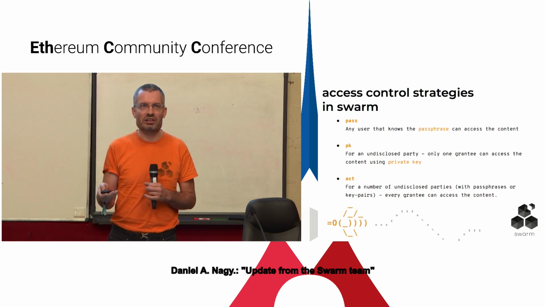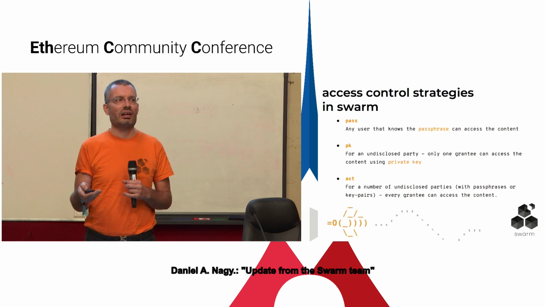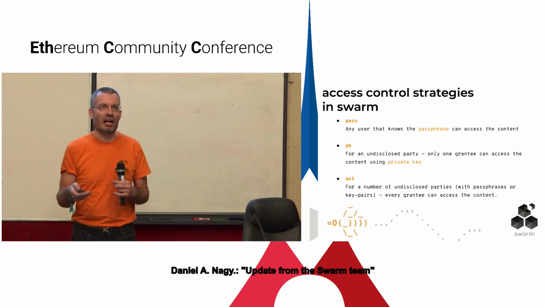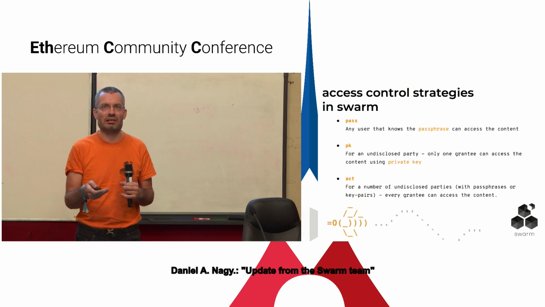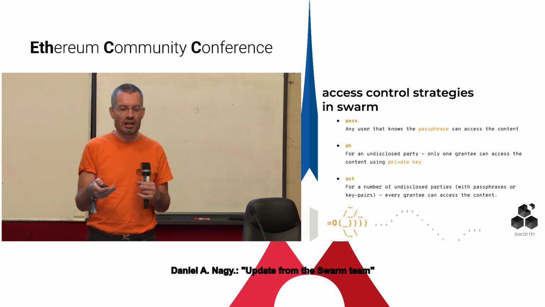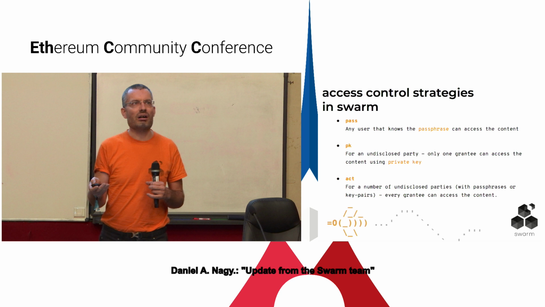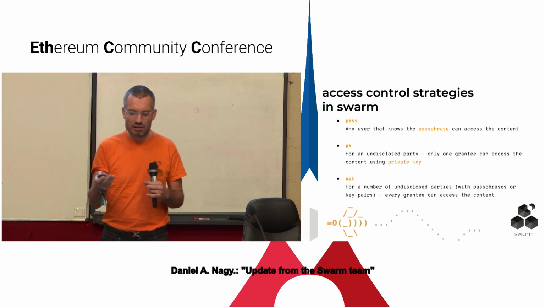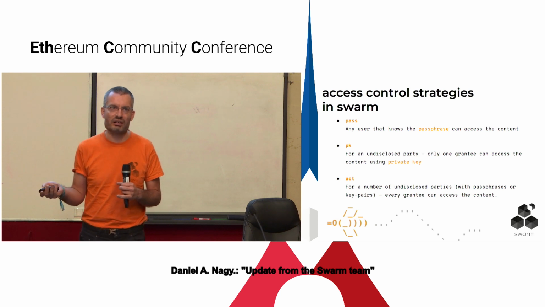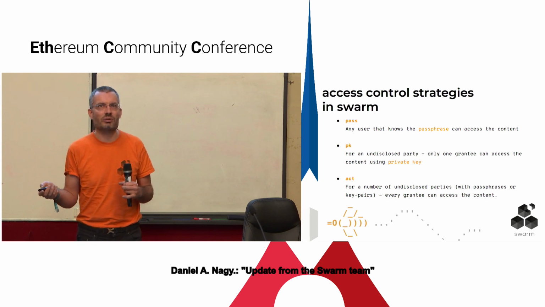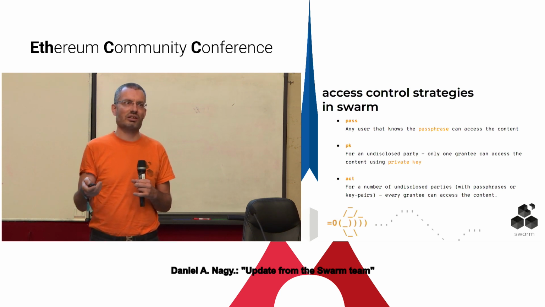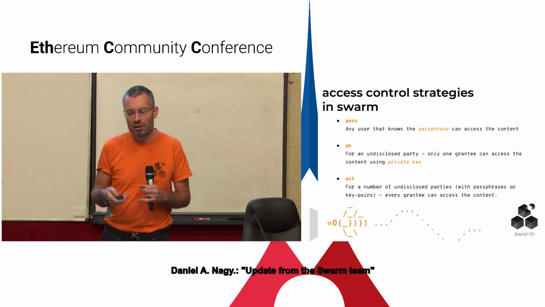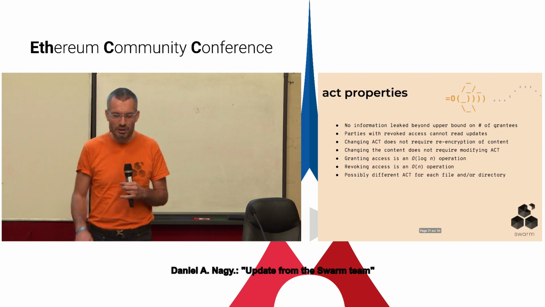Actually, what an ACT discloses is only an upper bound on how many parties can access that particular content, but it's an upper bound because many of the ACT entries can actually be fake. So you can stuff your ACT with some fake identities and not disclose how many subscribers you actually have. You can just provide an upper bound.